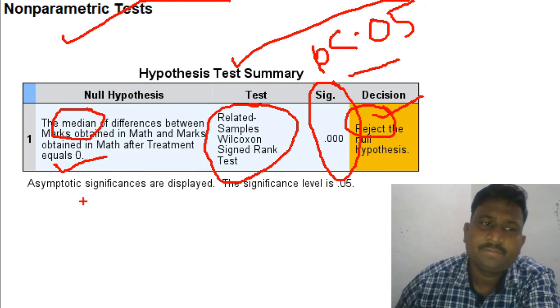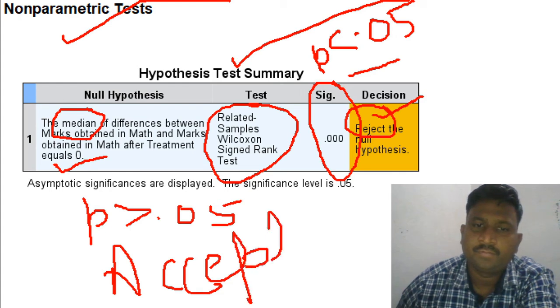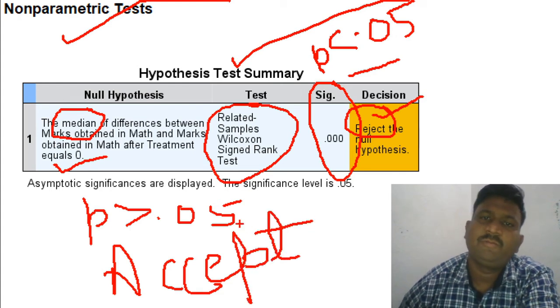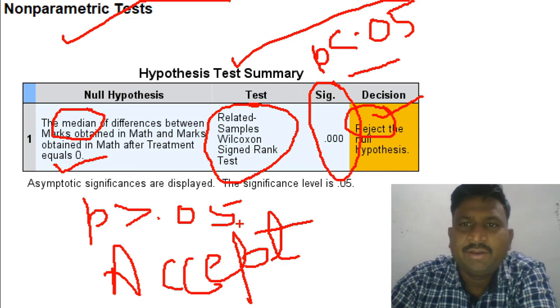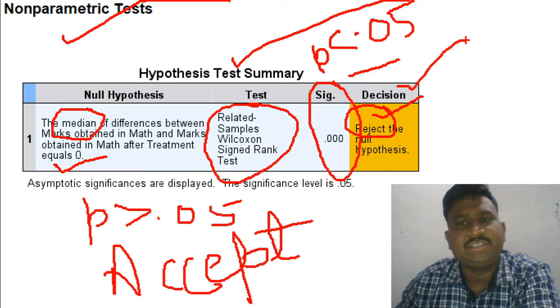If this P is greater than 0.05, we accept the null hypothesis. We need not remember this, because whatever the decision is, it will be written in this decision box. So: reject the null hypothesis.